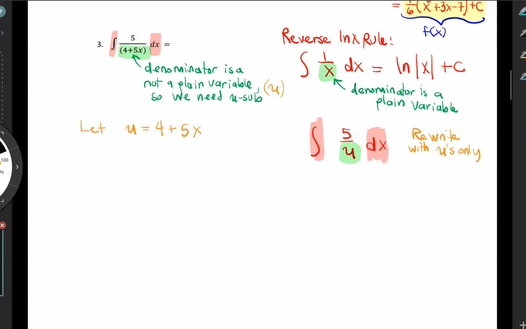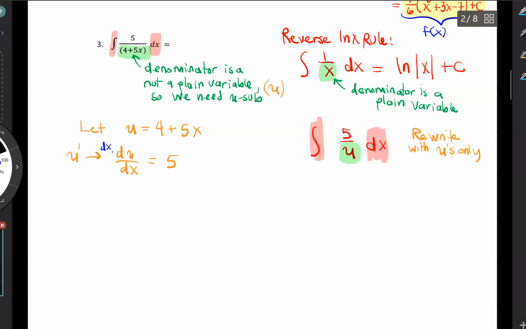Okay, well, let's go back to the u we need and then make it have a dx in it, right? So I'm going to come over here. We're going to take the derivative of u with respect to x. So the derivative of 4, a constant, is 0, but I'm not going to write it. And the derivative of 5x is just 5. Okay, so let's get that du alone.